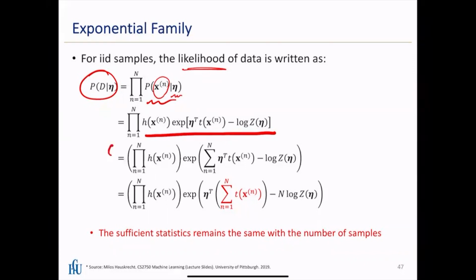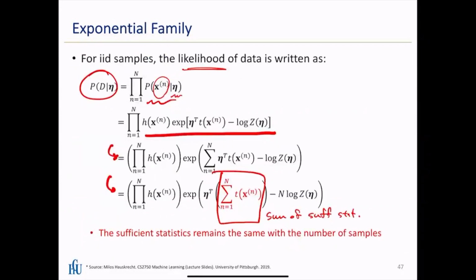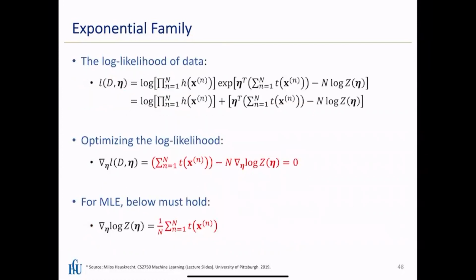Then we can sort out things this way, and at the end of the day, we are going to have a summation of the sufficient statistics. This was the likelihood, and if you put log in front of it, you get the log likelihood. So the log likelihood can be sorted out in this way.